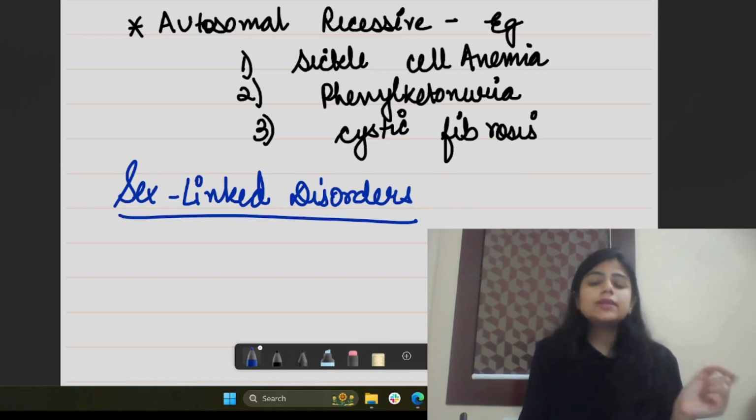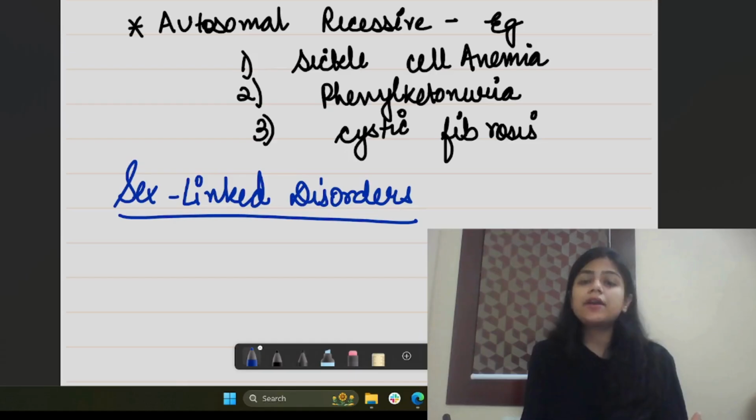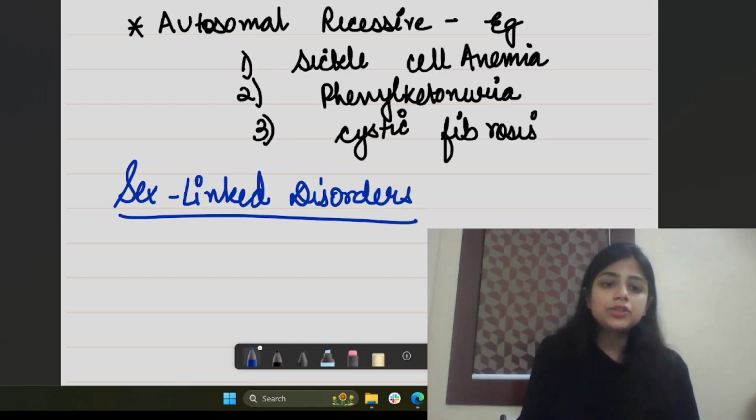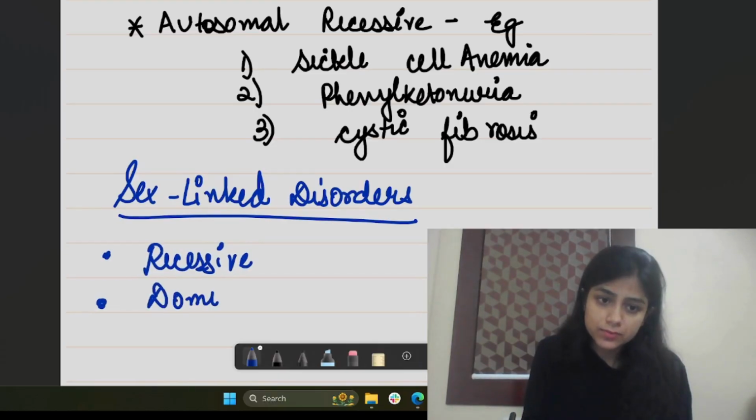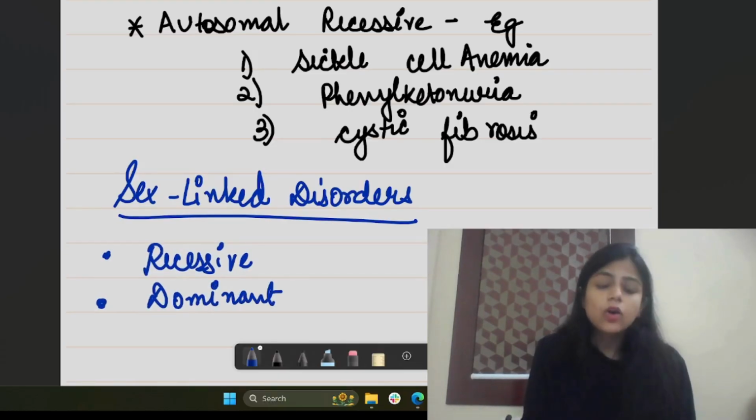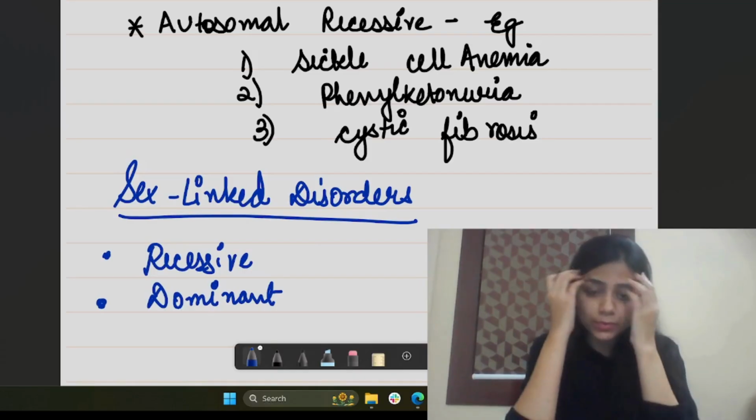That means the sex chromosomes have got mutated. That is why the disease is getting carried. Here we need to know one more thing: it can be either recessive or dominant, same case.